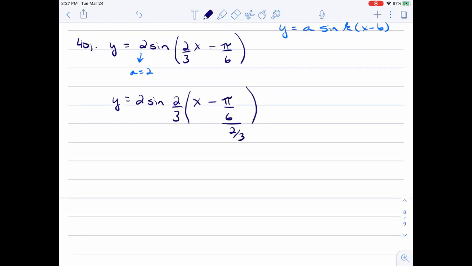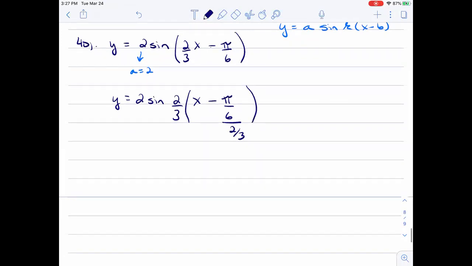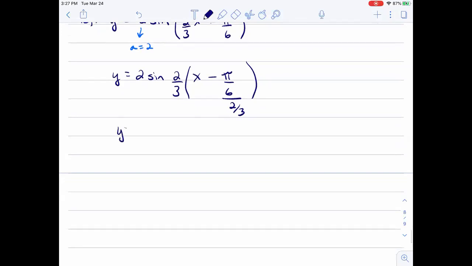Now we've got a fraction over a fraction here, which we know how to deal with. It's going to get messy for a little bit. 2 sine 2 over 3 times x minus pi over 6 divided by 2 over 3.